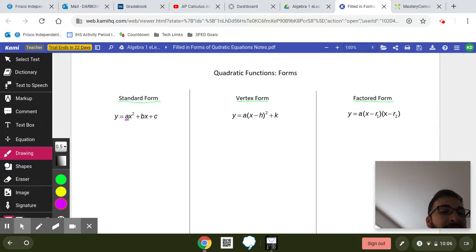A tells us whether it's going to open up or down. Specifically, if we have a positive a, then we're going to be opening up, and if we have a negative a, then we're going to be opening down.